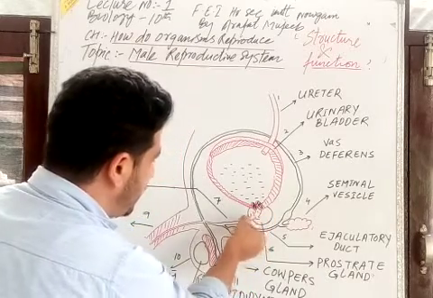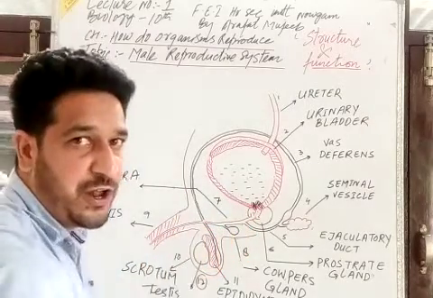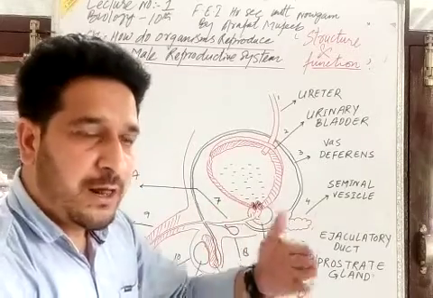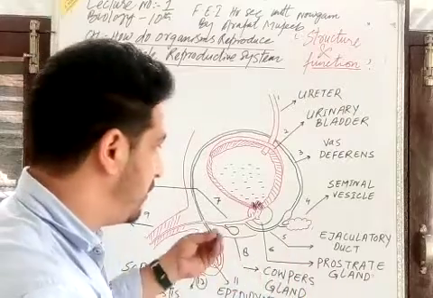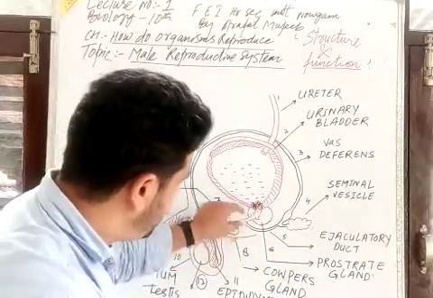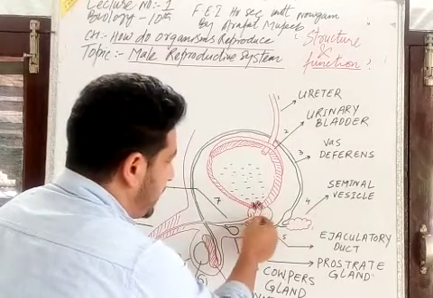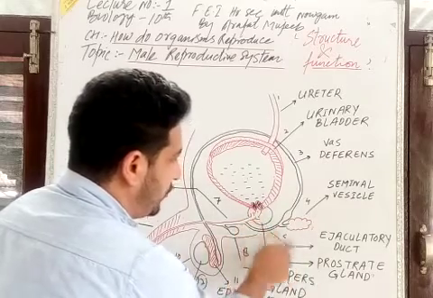This red color duct is the whole urethra, whose major function is to convey and pass on the urine and expel it outside of the body. But if we talk about the first portion of the urethra, there is a connecting duct of the prostate gland.